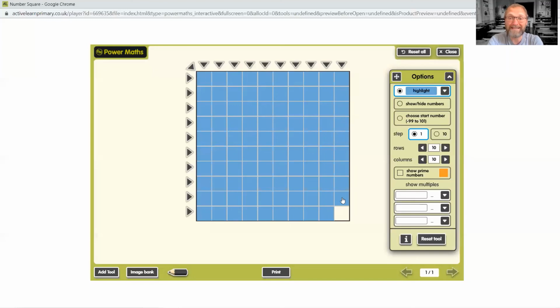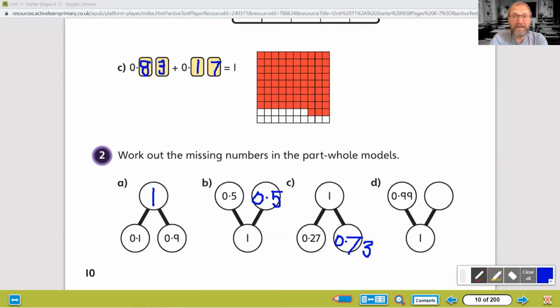And what do we add to make a whole? Just 1 hundredth. But this is where we need to be really careful when we record our answer, because remember that first decimal place is tenths, and we're not adding a tenth, but we're adding 1 hundredth.